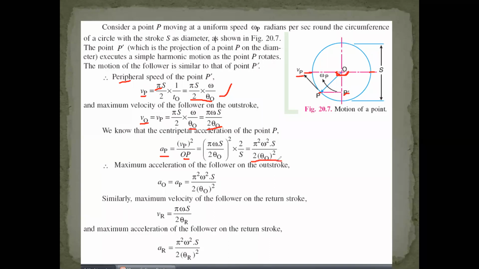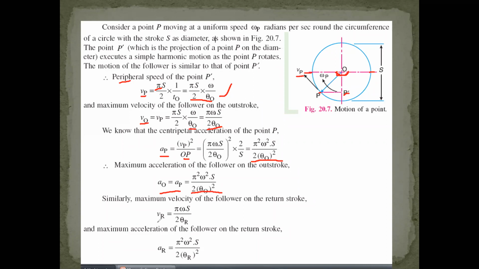That is the acceleration of the point P. Similarly, the maximum acceleration of the follower on the outstroke equals pi square omega square s by 2 theta naught square.